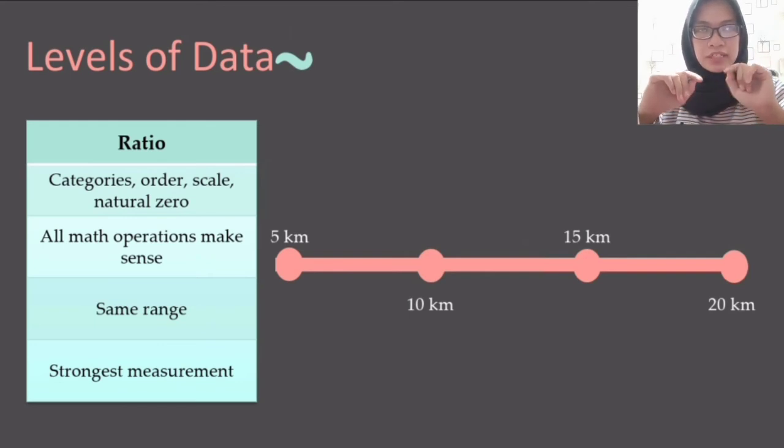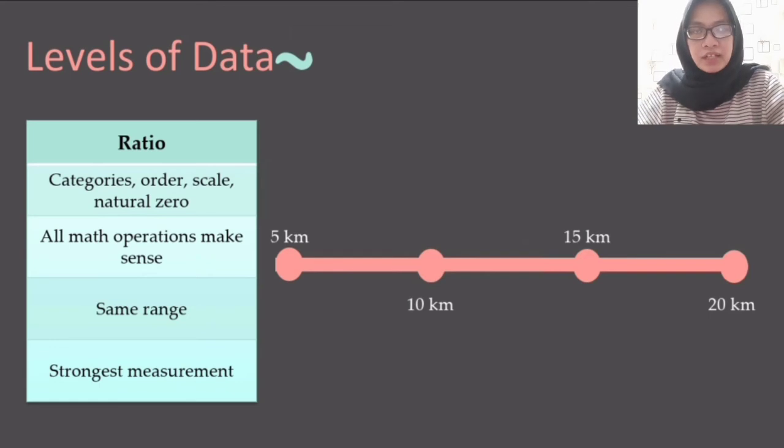For example, the first point is 5 kilometers, the second point is 10 kilometers, the third is 15 kilometers, and the last 20 kilometers. The range is the same, and we can do all math operations because it will make sense.